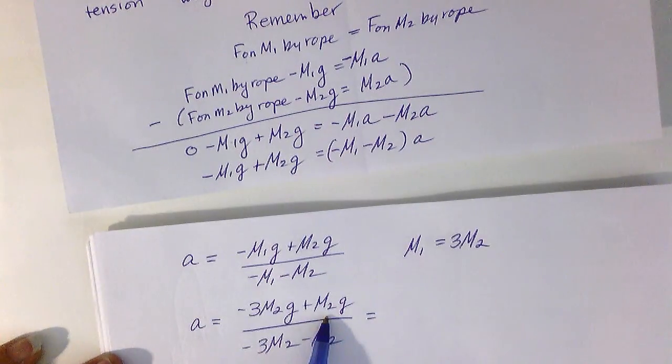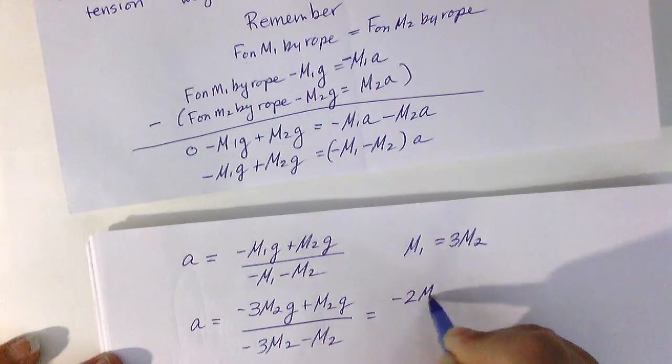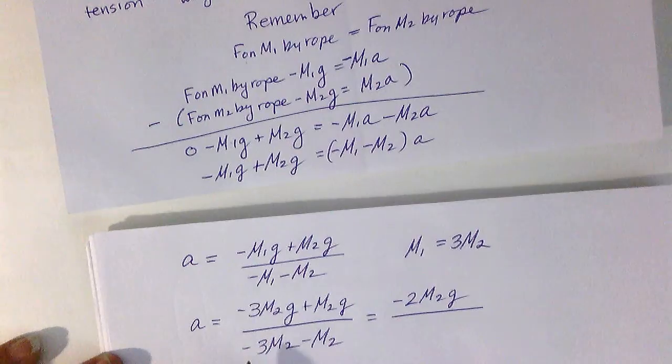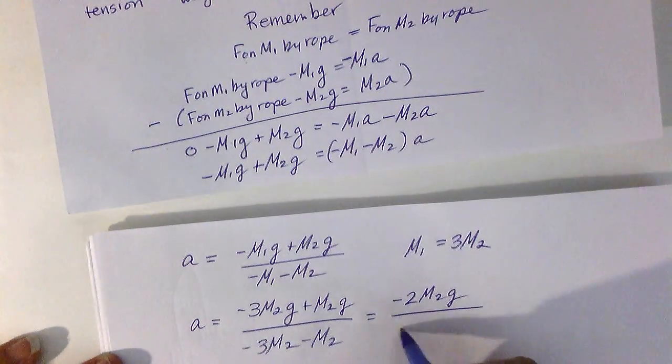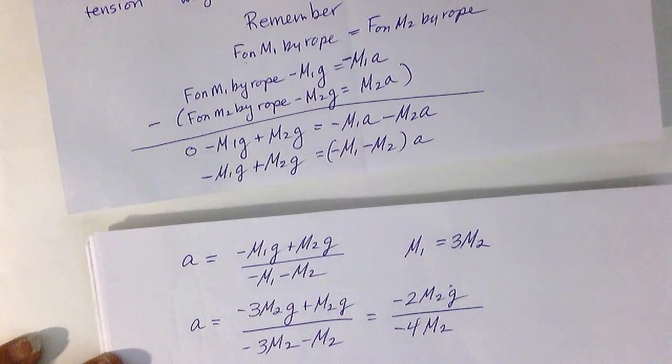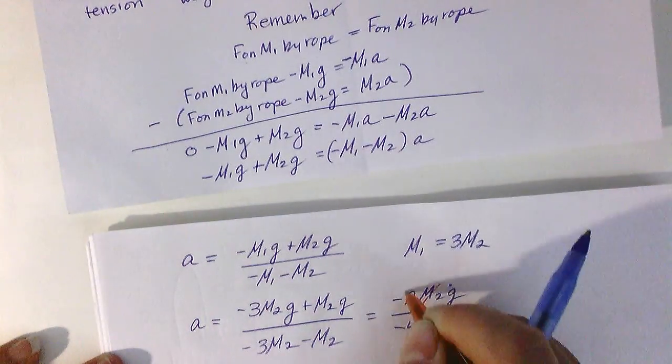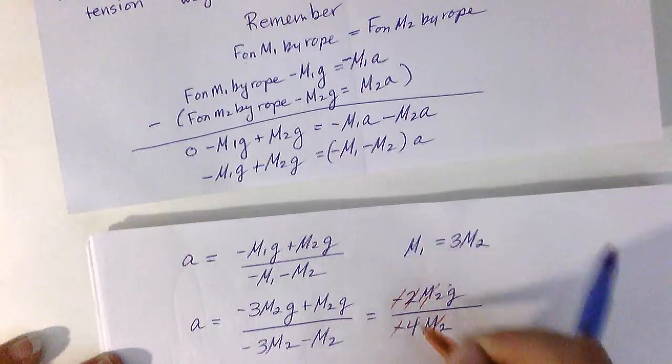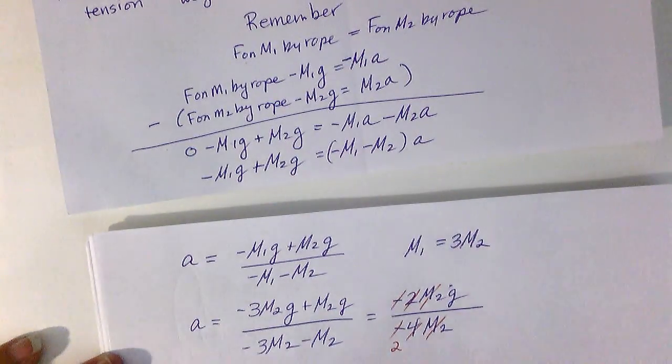Negative 3 plus 1 gives me negative 2 M2 G, all divided by negative 3 minus 1, which is negative 4 M2. Notice that the M2s cancel out, the negatives cancel out, and this gives me 2 in the denominator.